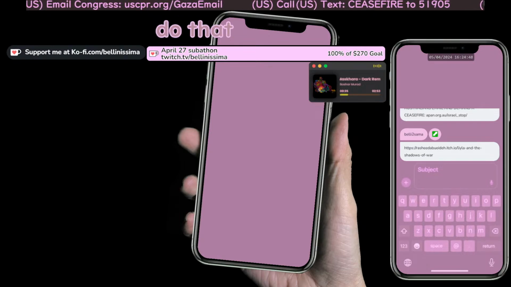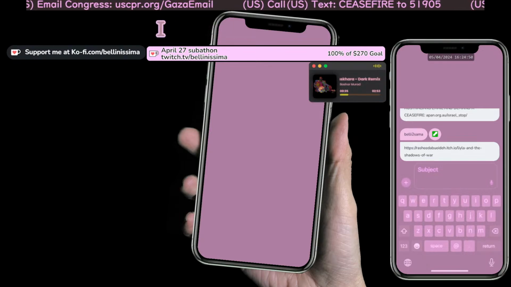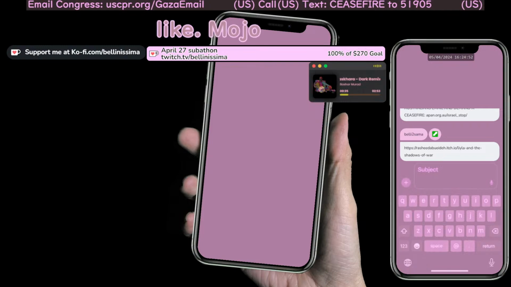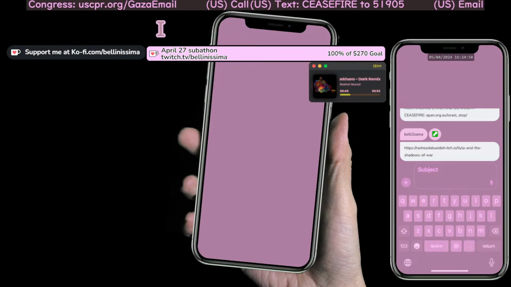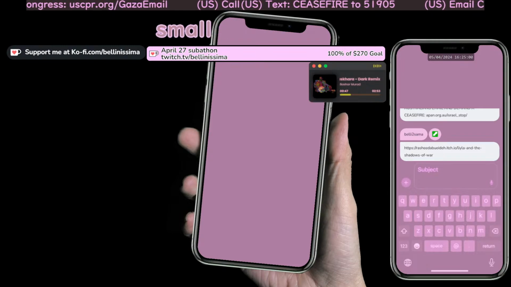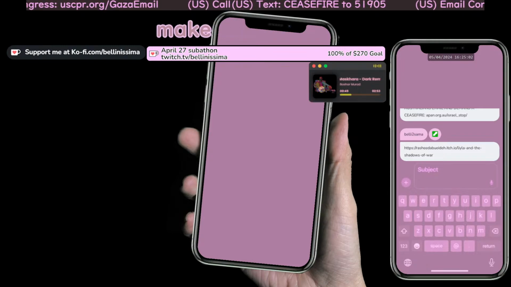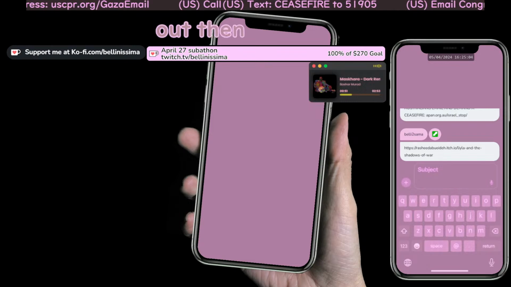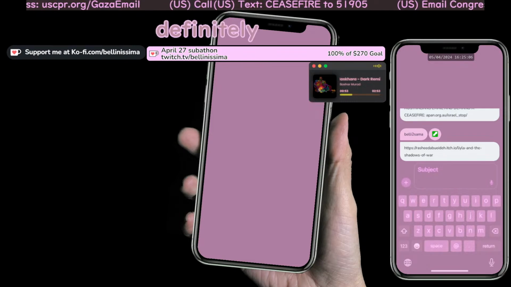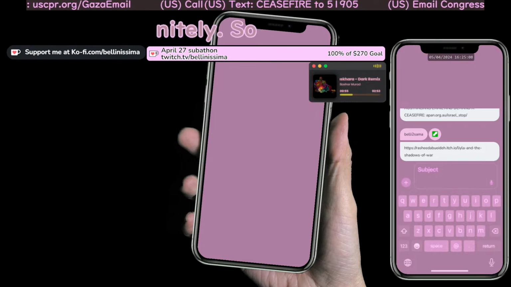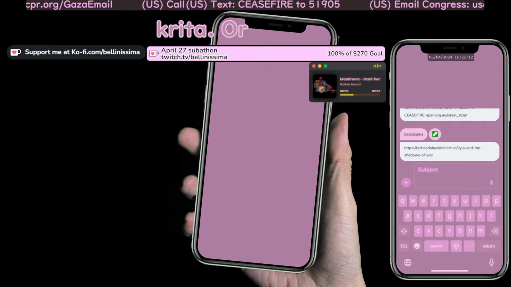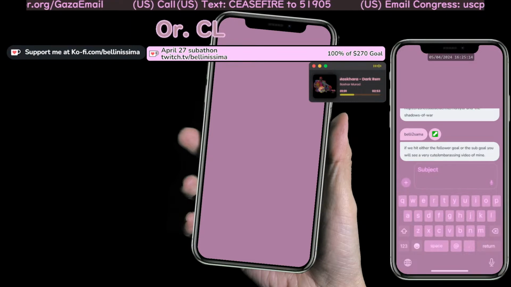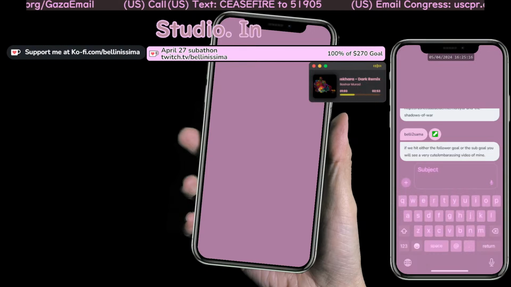I'll ask Mojo maybe. I feel like Mojo would have good ideas about that kind of thing. But I plan on doing small illustrations, small format. So if it were to be printed out, then smaller than a sheet of paper, definitely. So I'll probably be fiddling with Krita or Clip Studio in a bit.